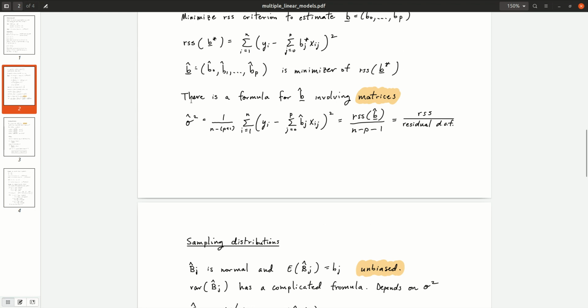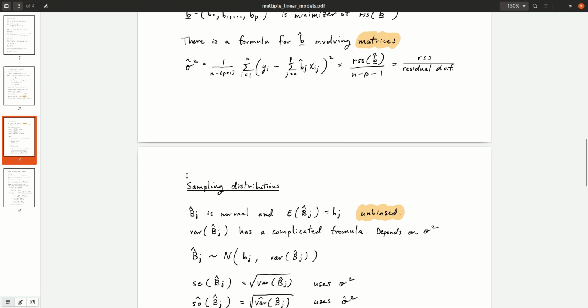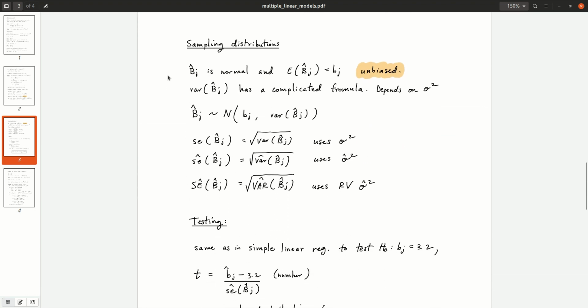It also obviously involves the responses Y. So this little b hat is the particular formula where you plug in the data little y. And this big B hat, again, is the same formula, but we plug in the model, namely the random variable capital Y. So this is the random version of little b sub j hat.